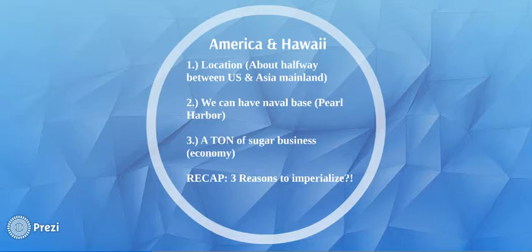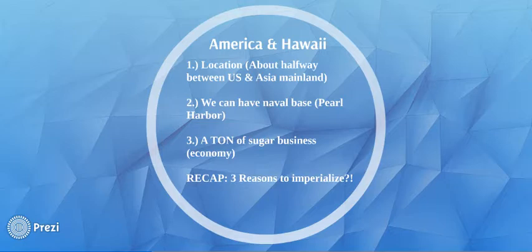The first one is the location, because it's pretty much dead right in between the west coast of the U.S. and the Asian mainland, China in particular, but also very close to Japan. It's right halfway between the U.S. and Asia, which is a great stopping point if we were looking to trade or imperialize in Asia. It's a great middle ground for us.